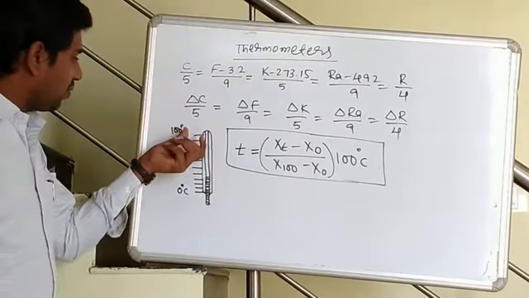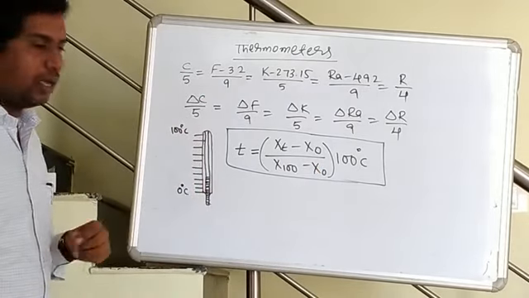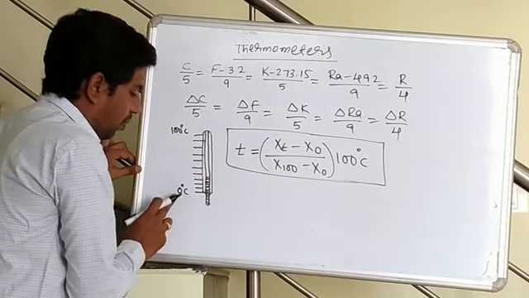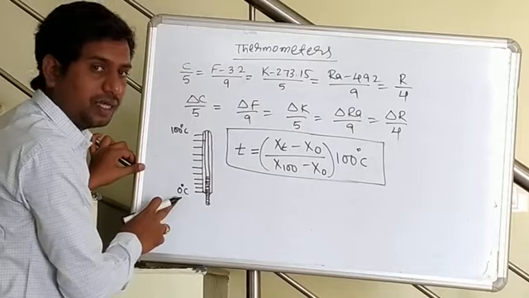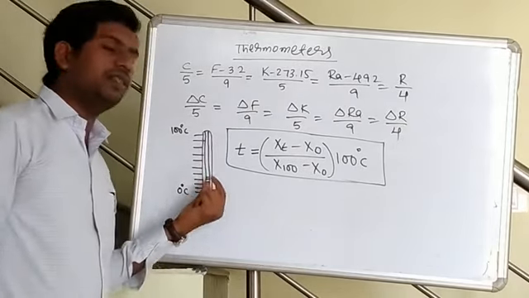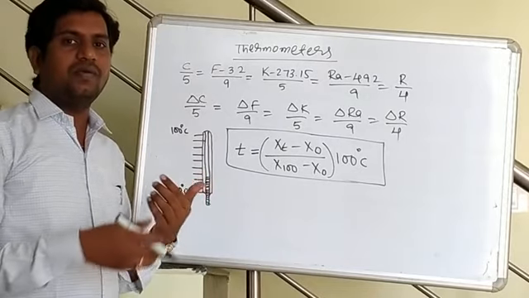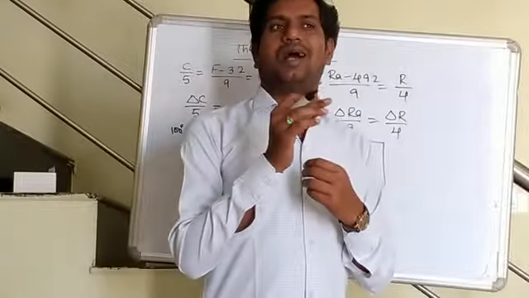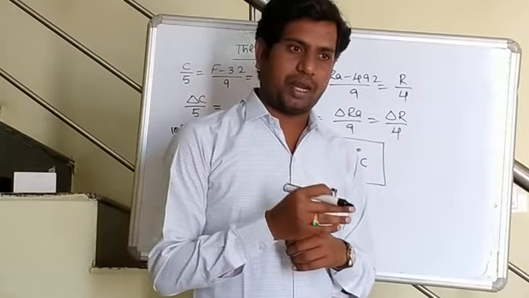For example, here we have taken mercury. So x0 is the level of mercury column at 0 degree Celsius. Generally x0 is not only the level of mercury column, we can take different types of parameters which depend on temperature.